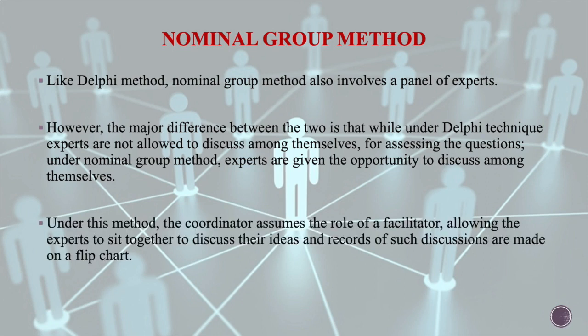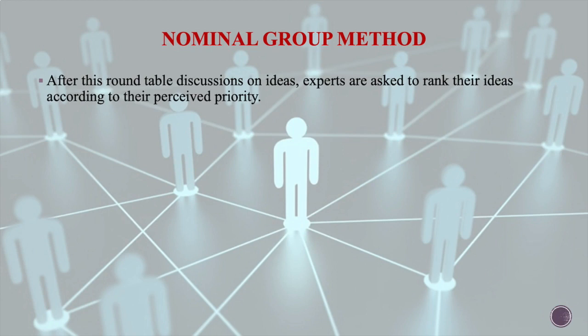Under this method, the coordinator assumes the role of a facilitator, allowing the experts to sit together to discuss their ideas and records such discussions, which is made on a flip chart. So after this roundtable discussion on ideas, experts are asked to rank their ideas according to their perceived priority.